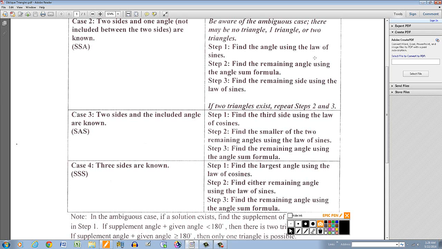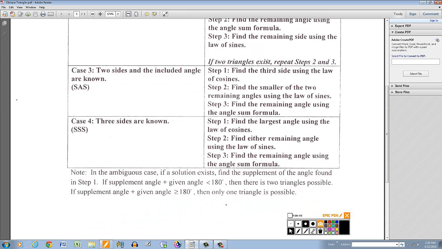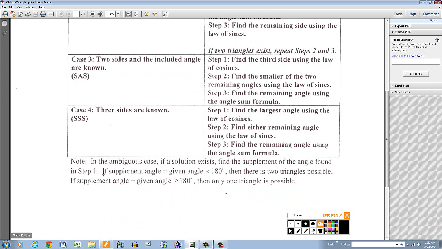Now if the triangle has two solutions, then that angle, whether it was angle A or angle B, will have a value of 45 degrees in one solution, and in the second solution it is going to be 135. That's why it states, in the ambiguous case, if a solution exists, find the supplement of the angle found.